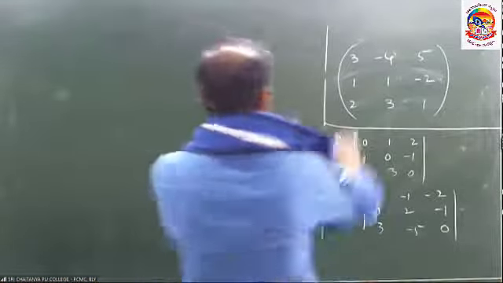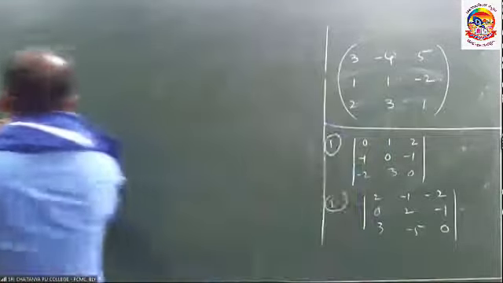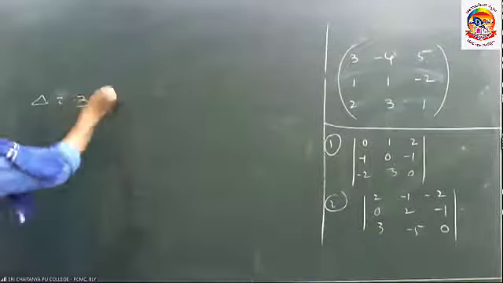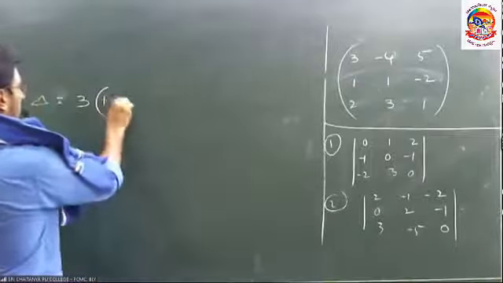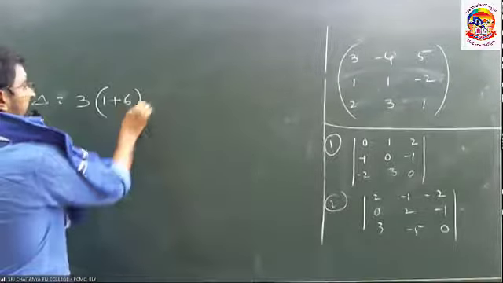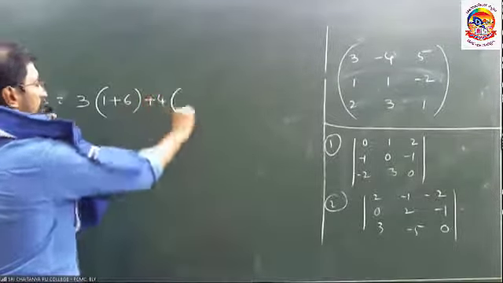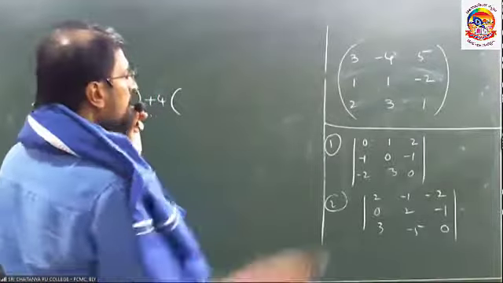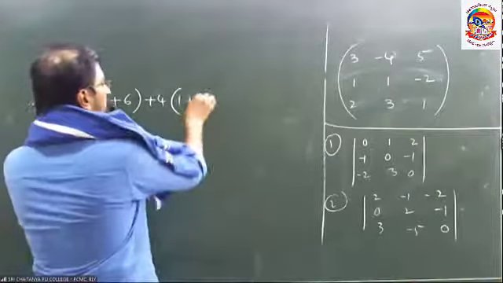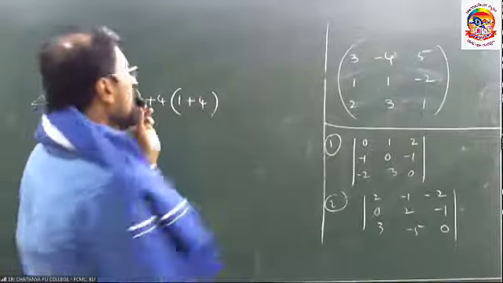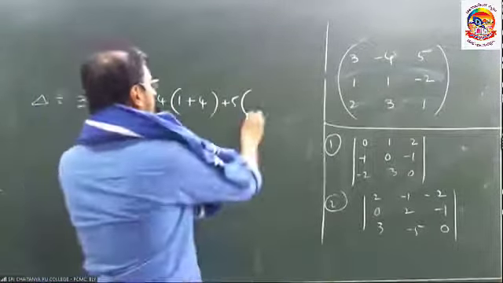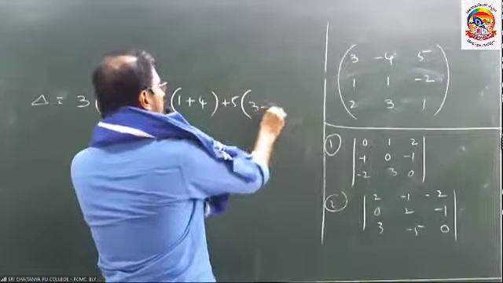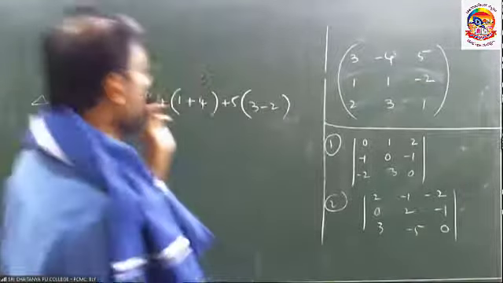Observe. 3 into, 1 plus 6, minus of minus 4 plus 4 into 1 plus 4, plus 5 into 3 minus 2. Simplify this. Whatever the answer you got, they will find.